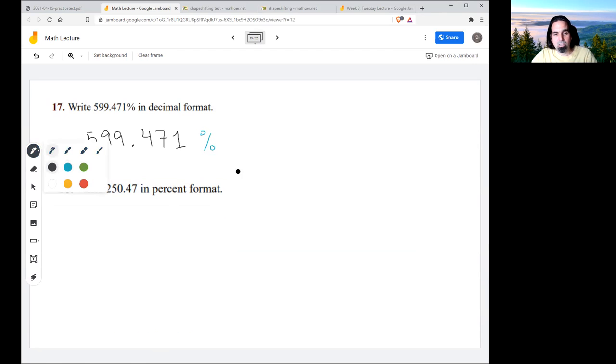What was the easy thing to replace it by? Think about that at home. Then the 18 was I had 250.47, and I wanted to add a percent symbol on, but I can't just do that. That would change the number. That means out of 100, not wholes. So I had to do something else to be fair and compensate. So pause if you're at home, and otherwise tell me what to do because you're here.